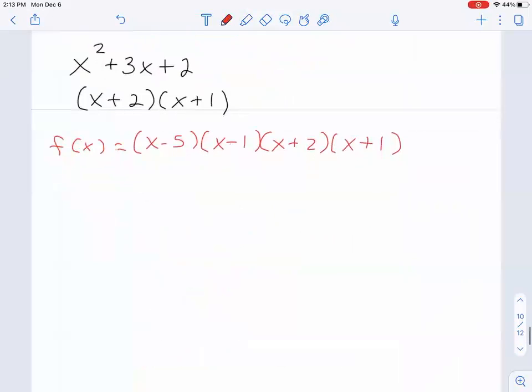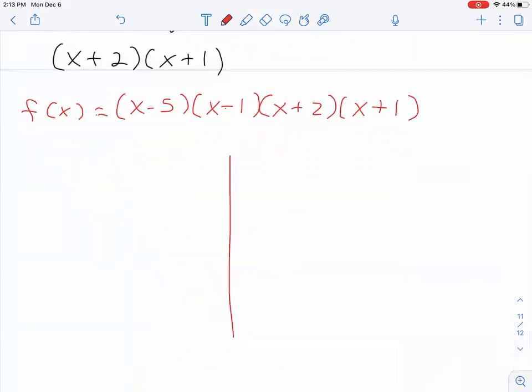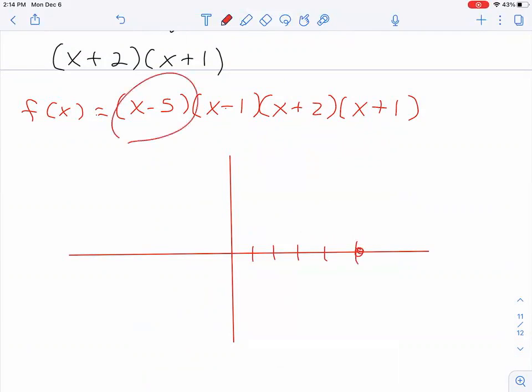And so ultimately it did ask us to graph this, but the graphing shouldn't be so bad. We don't have to get too particular, but we know that we have a root at 5 because of this factor, a root at 1 because of this one, and a root at -2 and a root at -1 because of all those factors.